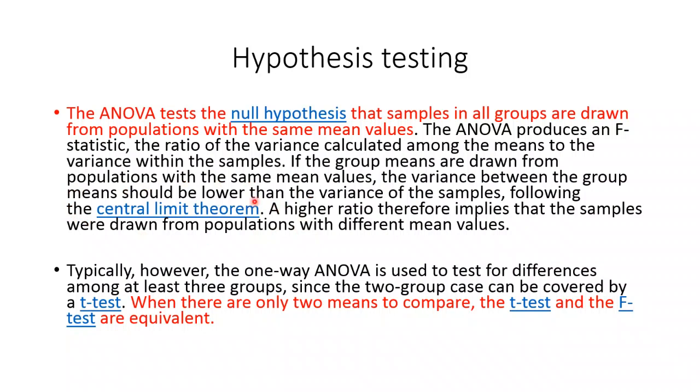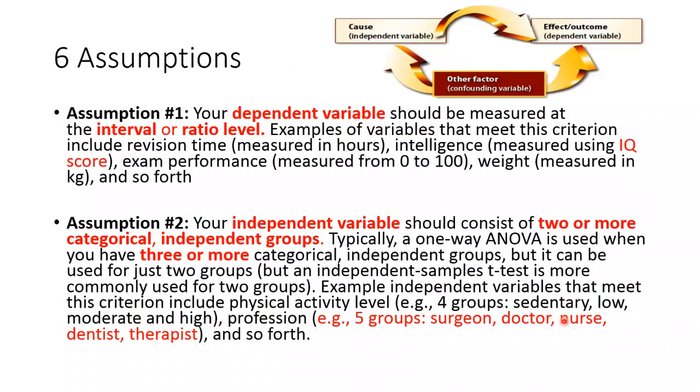There is no need of repetition. When there are only two means, we use the t-test, and if there are more than two groups, 3 or more, then we use the F test or ANOVA.